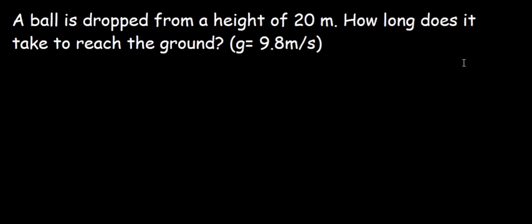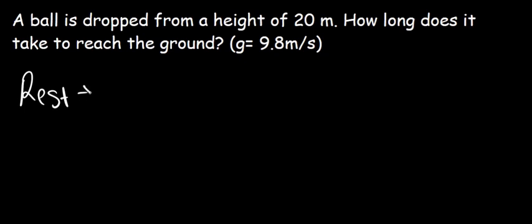A ball is thrown from a height of 20 meters. How long does it take to reach the ground? One thing you need to note is that when something is dropped from a height, we assume that it is released from rest.